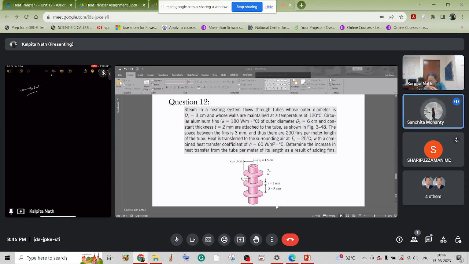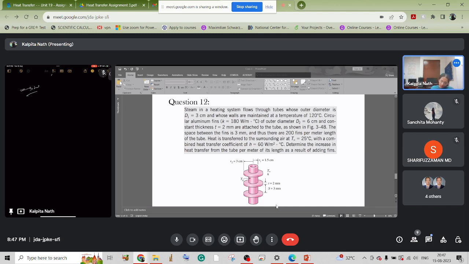Ma'am, the screen is not visible. I guess my net is running slow. See, there are two diameters given. One is for the outer surface of the fin, and one is for the outer surface of the annular cylinder, that is the tube. So what will be the length now?